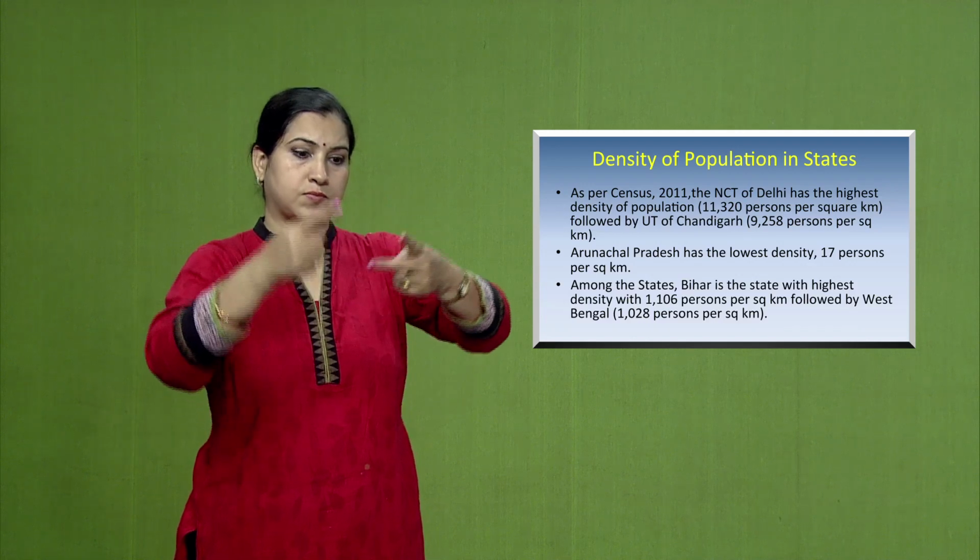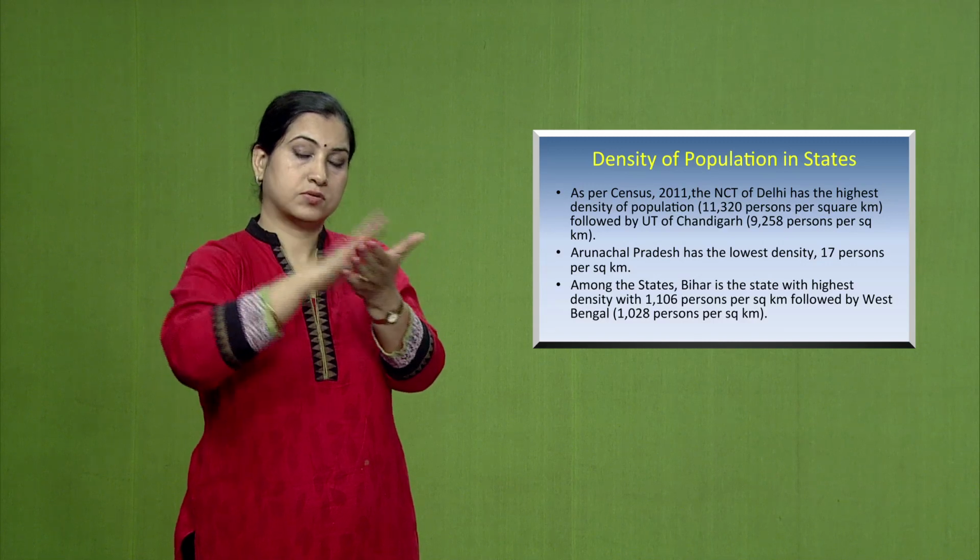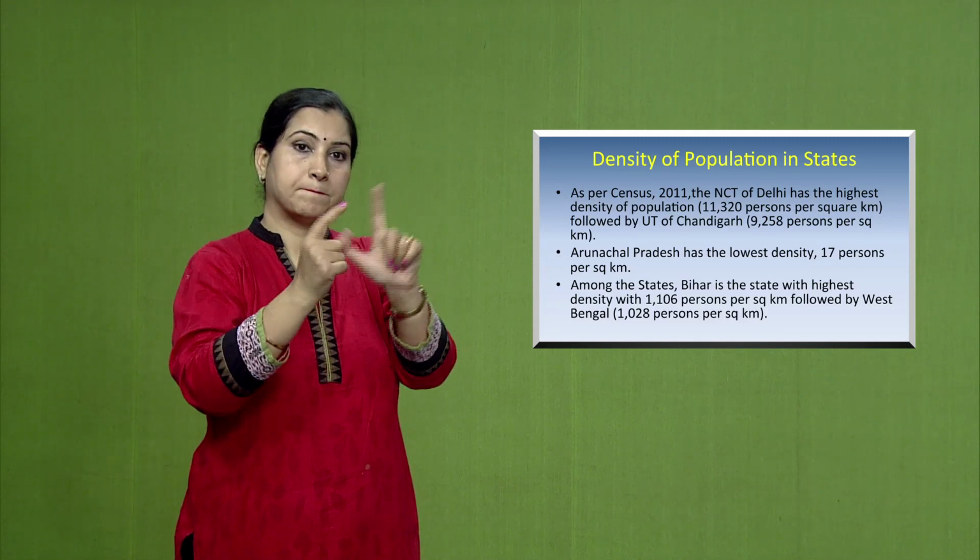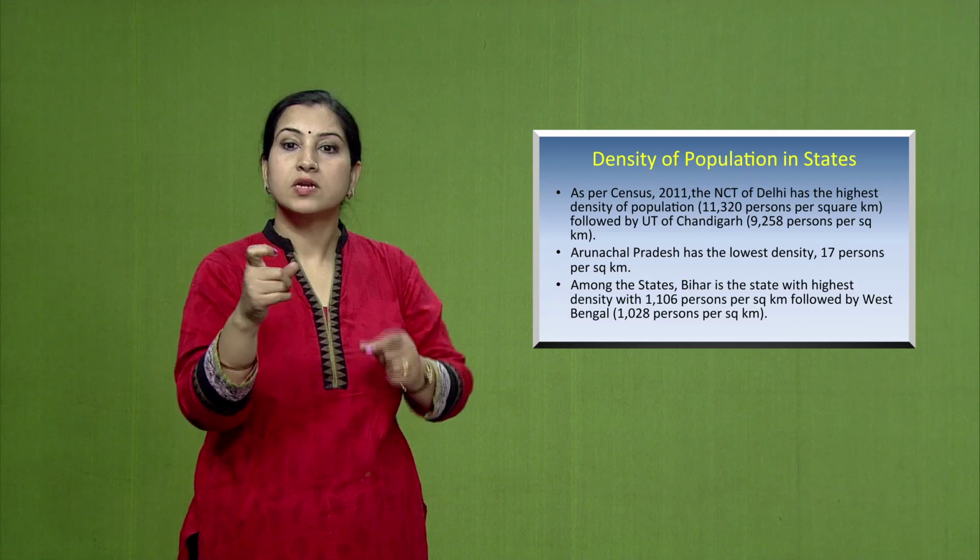Arunachal Pradesh has the lowest density, 17 persons per square kilometer.